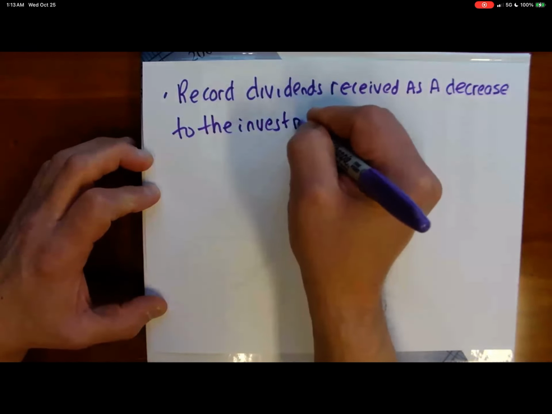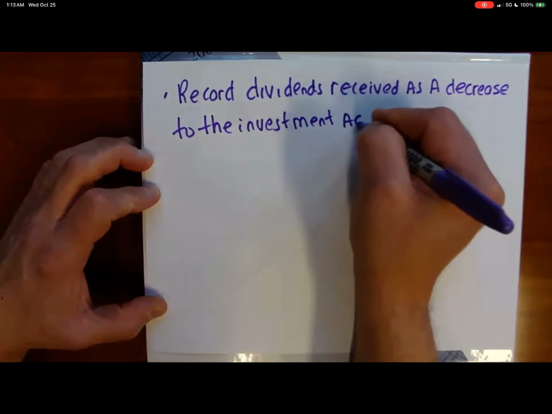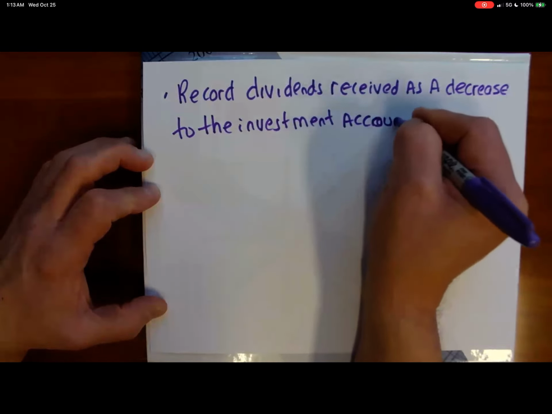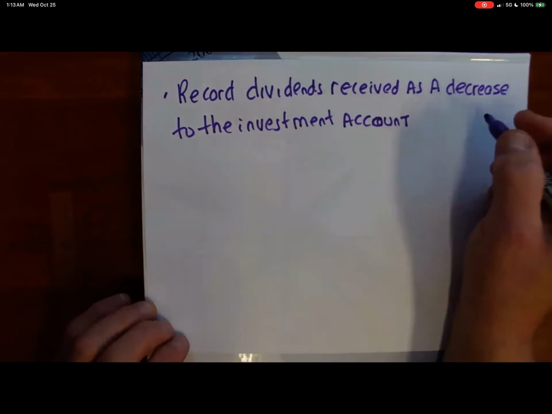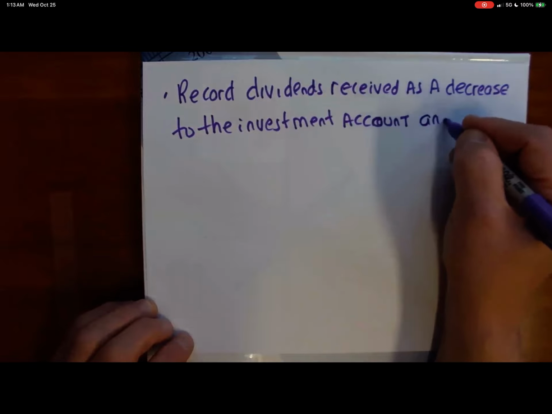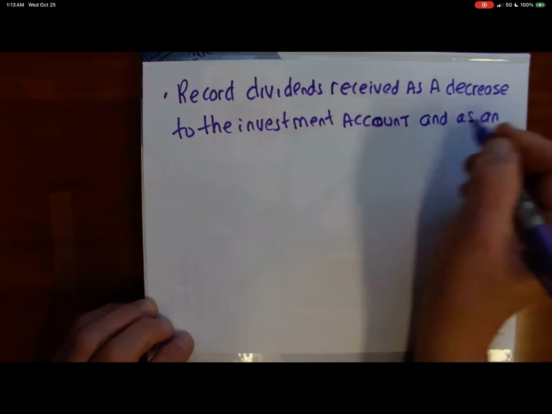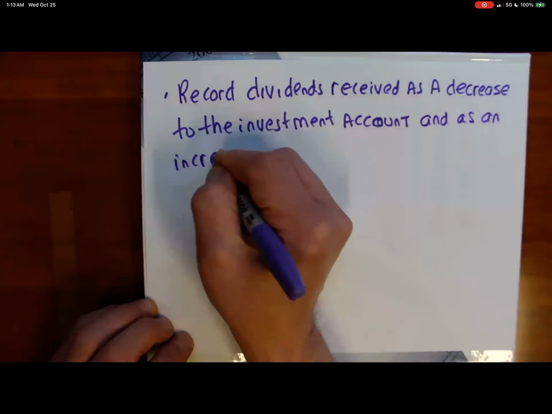We will reduce the investment by the dividends that we get. And of course, we'll increase our cash because, well, they're paying us a dividend. As a decrease to the investment account and as an increase to cash.